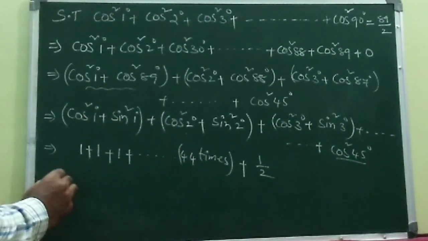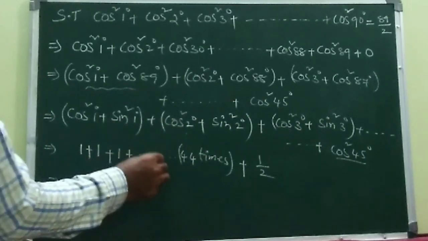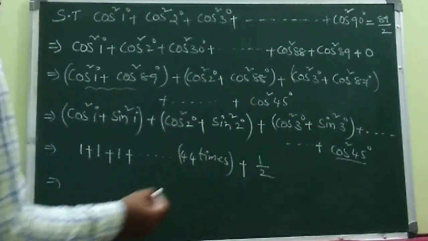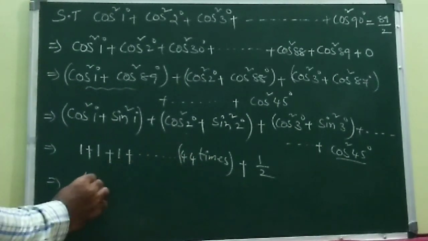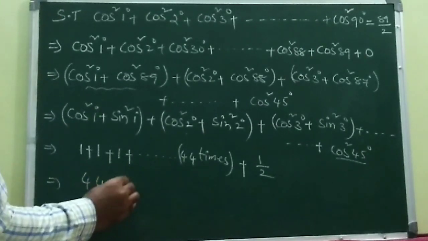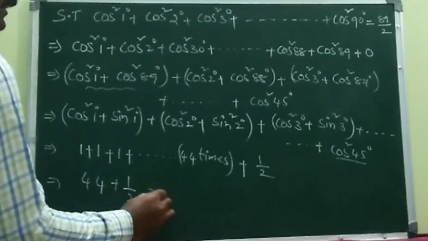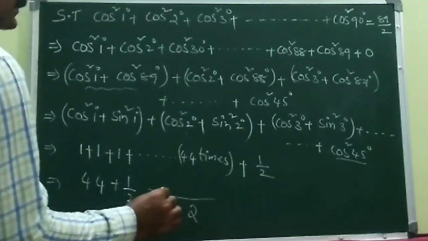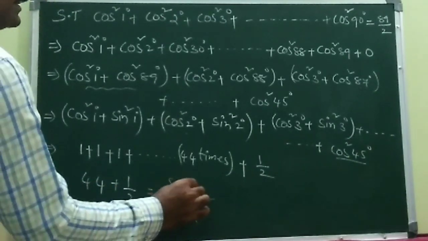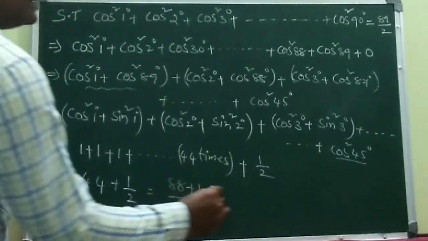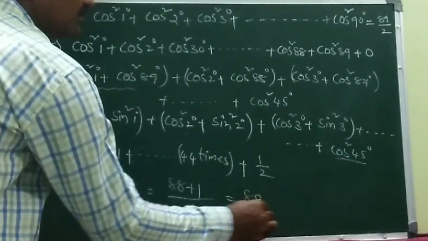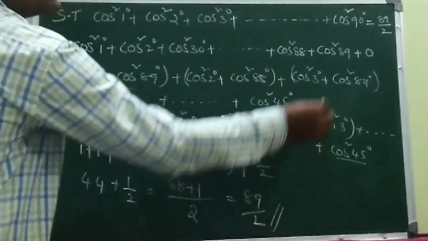Now 1 plus 1 plus 1 plus, how many times? 44 times. Hence 44 into 1, which is equal to 44, and plus 1 by 2. And if you go for LCM and cross multiplication, 88 plus 1 divided by 2, which is equal to 89 by 2 is the answer.